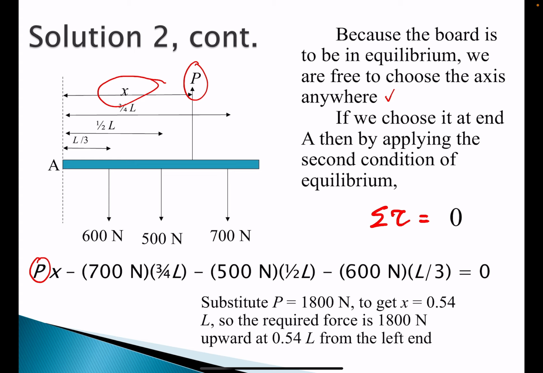And then minus 700 Newton, and you know from the diagram it's 3 over 4 L, and then minus 500 Newton times half L, since the distance is half L, and then 600 Newton is L over 3 equals 0. So you substitute the P, and you will get P equals 1800 when you solve this problem first.